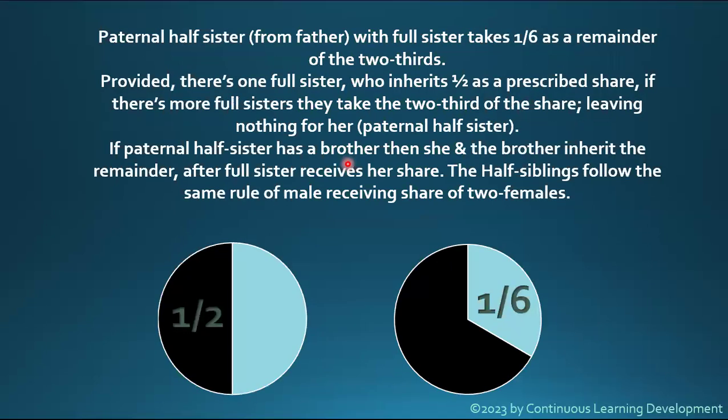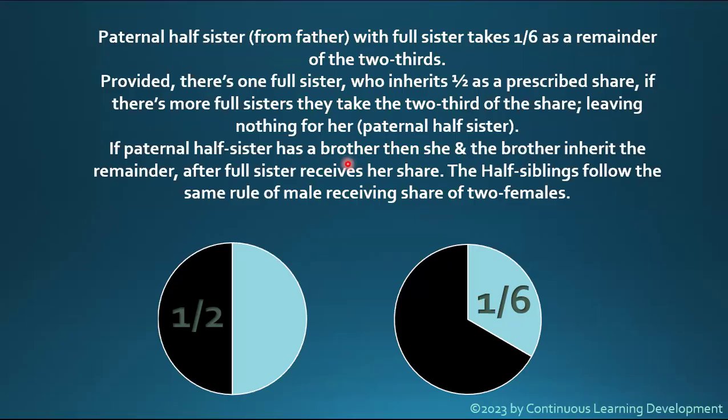A paternal half sister from the father, together with a full sister, takes a sixth as the remainder of two-thirds. So she will inherit with a full sister, provided there's one full sister, who inherits the half.